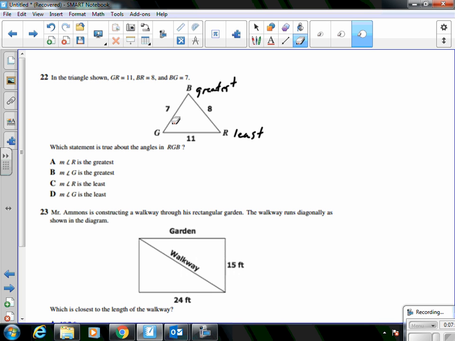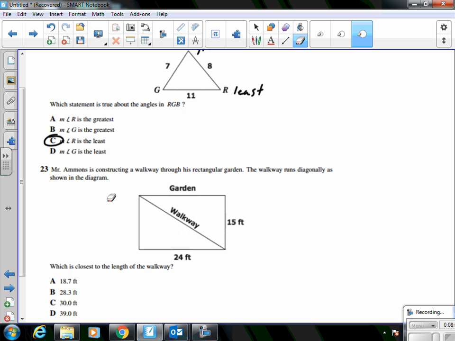Right? 8 is right there in between 7 and 11. So if we look at our possibilities, R is the least. That's actually C, which is a possibility. We know it's not the greatest, and G is in the middle, so it's not greatest or least.